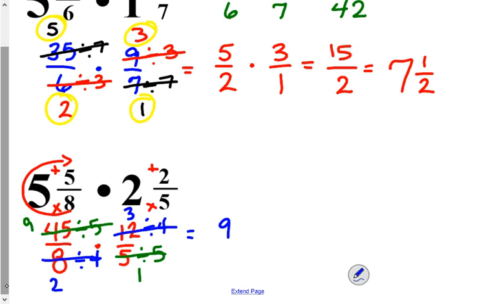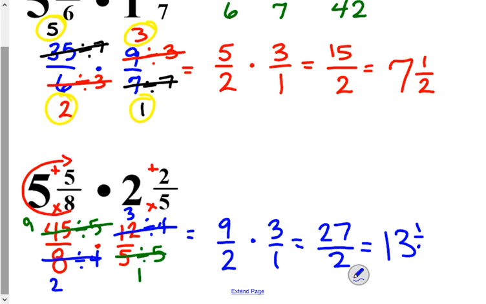So that's going to give me the problem 9 halves times 3 over 1, which is 27 halves, which could be 27 halves, or I can change it to be 13 and 1/2. Now, if I had not cross simplified, then my problem would have been 45/8 times 12/5.